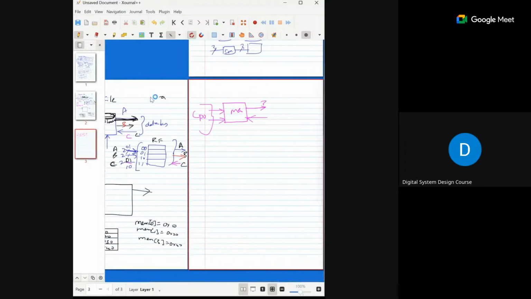So let's have a simple example. Let us label these as register R1, register R2, register R3, register R4, register R5, R6, R7. Let it be like this.